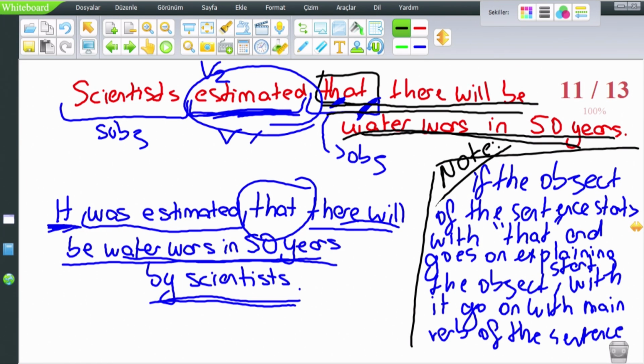It starts with that. Rather than making that the subject of the sentence, I transform it into it and go on with our verb. And then after our verb, I explain the object.